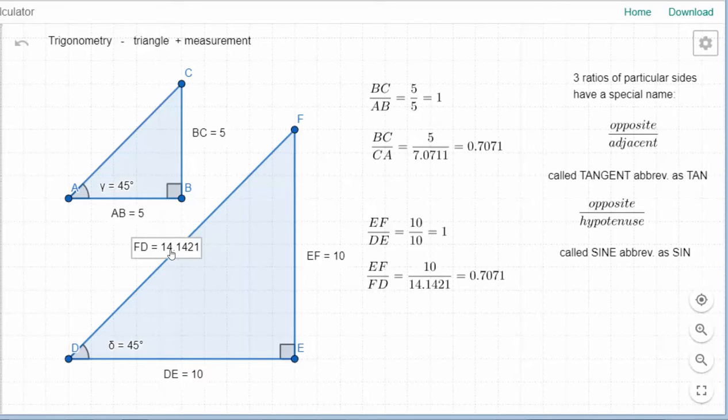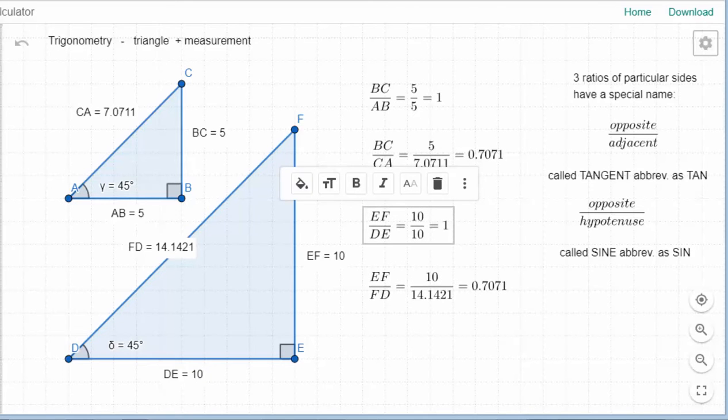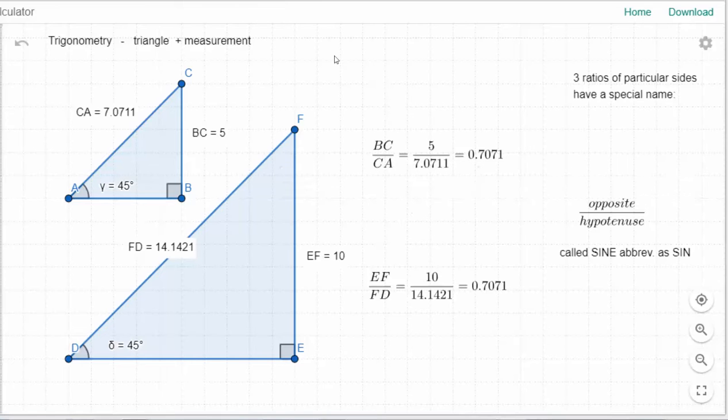There it is. So the length of that one, FD, is 14 point something, and this one CA. So let's look at the sine. In fact, I might turn off the tan ones. Just pause for a second while I turn that off and I'll come back.